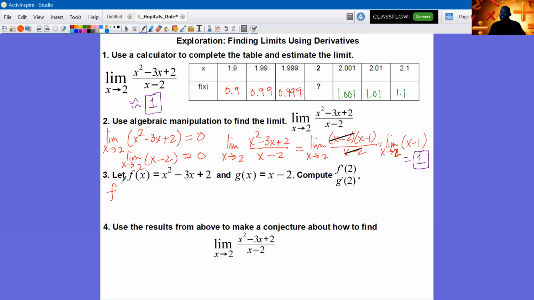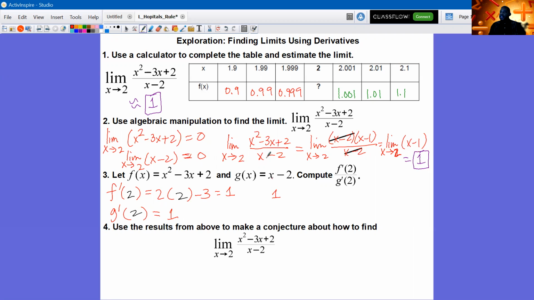We're going to find f prime, which is 2x minus 3, and g prime, which is 1, using our derivative rules from AB. Now I'm going to plug in 2. For f prime, I'm sorry, not 4, you get 1: 2 times 2 is 4 minus 3 is 1. And g prime, you get 1.